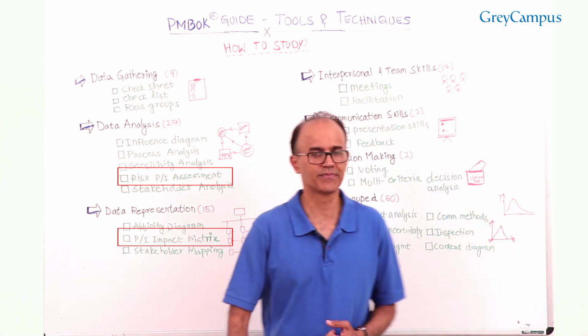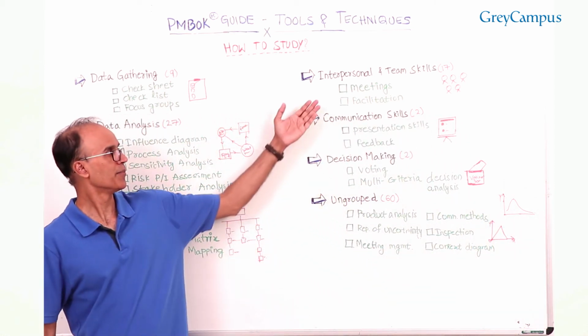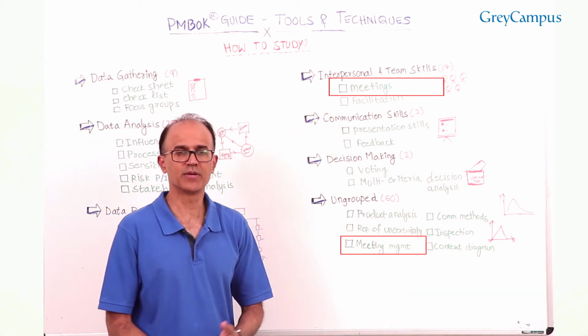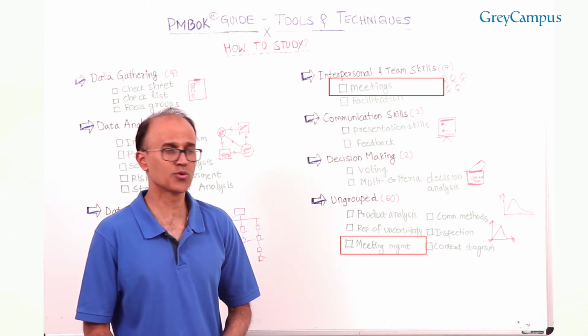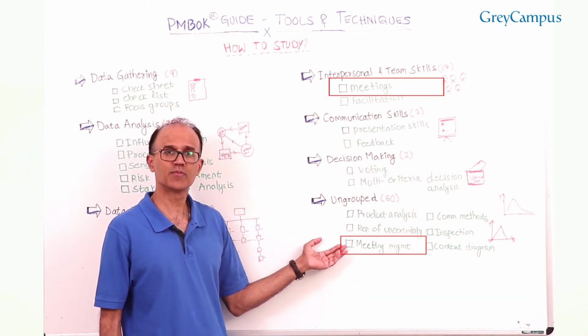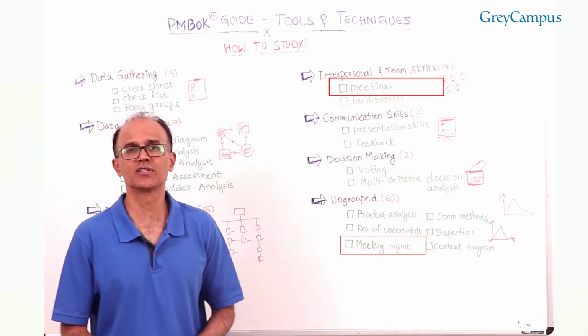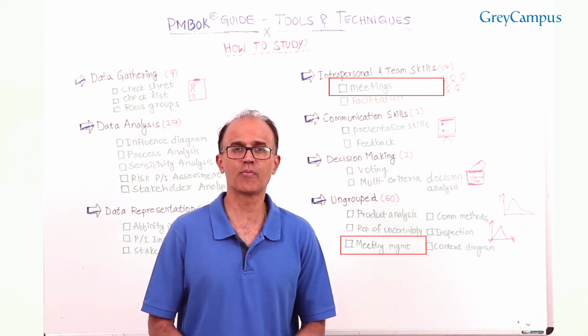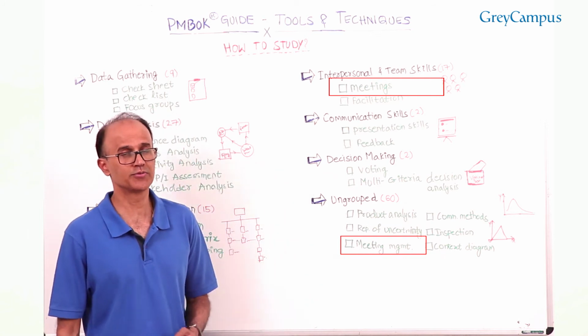These two mean different things. And then I've got meetings versus meeting management. Meetings can be kickoff meetings, sprint meetings, planning meetings, risk meetings, and so on, whereas meeting management is about sending the agenda, sending the invitations, making sure the minutes of the meetings are published, and making sure that there are follow-up actions, etc. So that's the difference between the two.